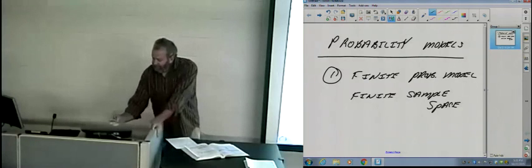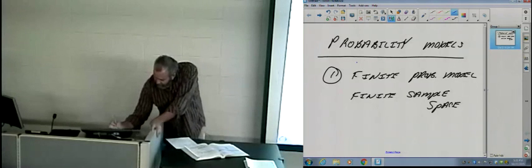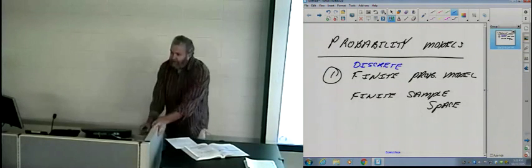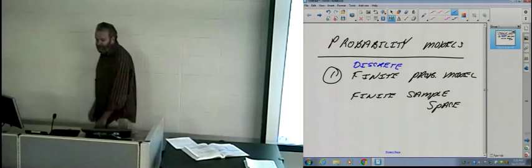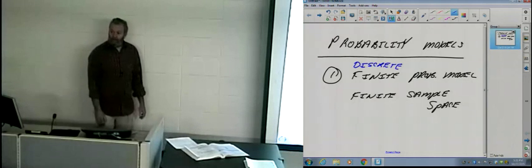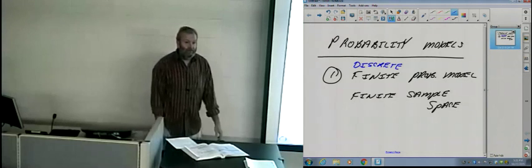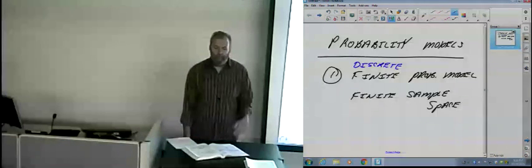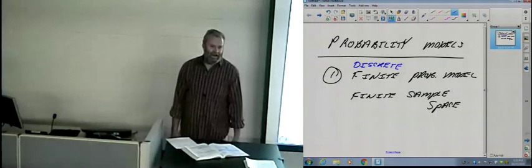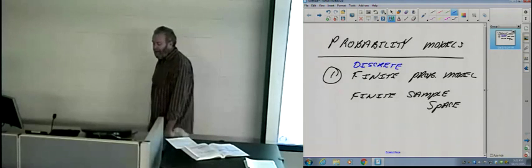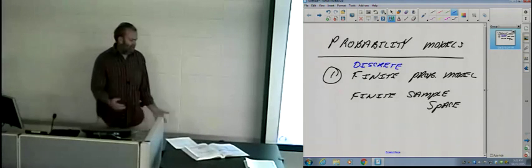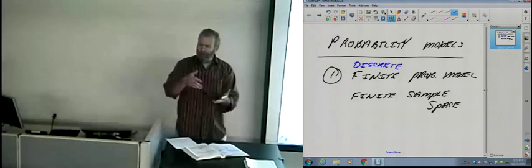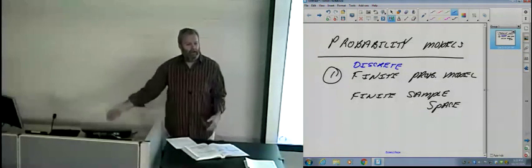Now, I'm going to put something above this. If I happen to use this word, sometimes it pops out of my mouth, discrete probability model. Discrete means the sample space is either finite, or you can write it down. And when I say write it down, I mean the sample space might be the numbers 1, 2, 3, 4, 5, 6, and you keep going.